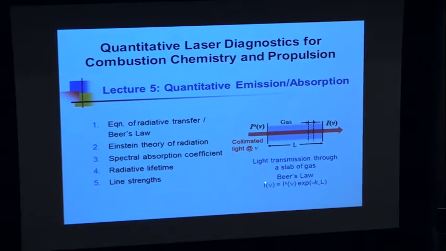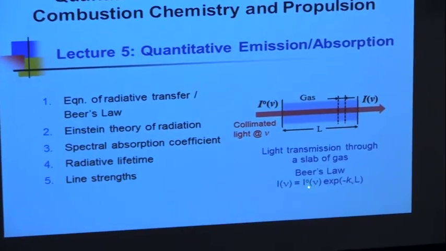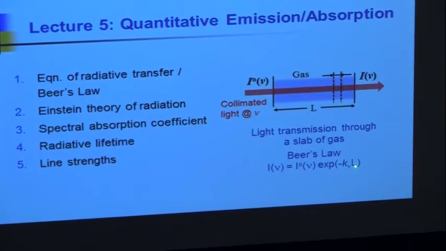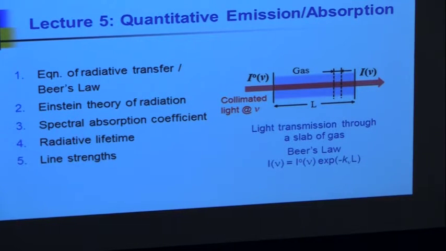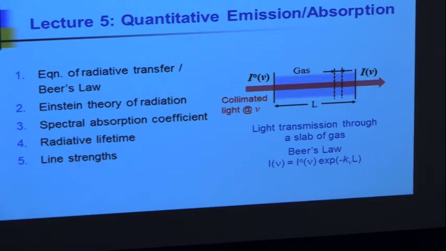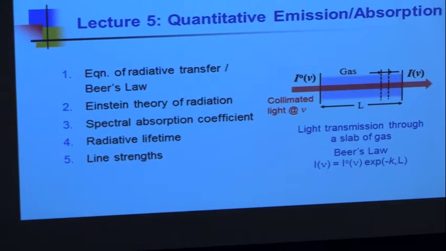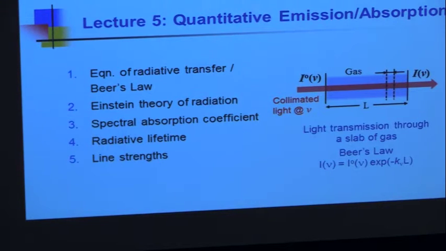The governing equation is that the transmitted intensity is the incident intensity with an exponential decay law, e to the minus k nu L. L is the length, and k nu is the spectral absorption coefficient, meaning the absorption coefficient at frequency nu. This would be the same equation we would use for a CW laser or a pulse of laser light. Or we can define the intensity in watts or watts per unit area. But where did this equation come from?